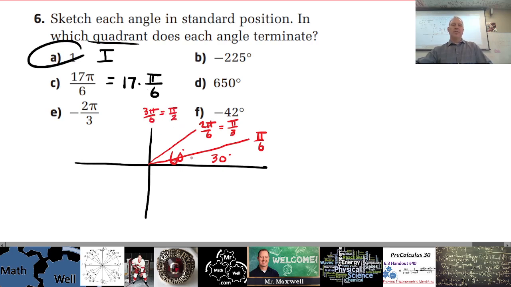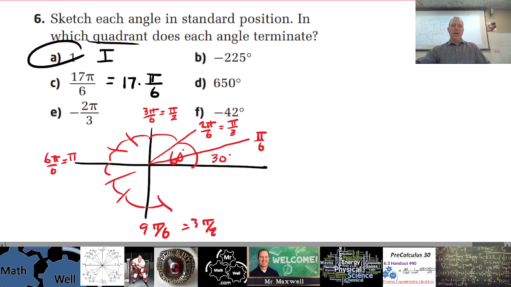So 17 of these, well, we go 1, 2, 3, 4, 5, 6. This is 6 pi over 6, which equals just pi. 7, 8, 9 pi over 6, which equals 3 pi over 2. 10, 11, 12 pi over 6, which equals 2 pi. 13, 14, 15, 16, and 17 pi over 6s.